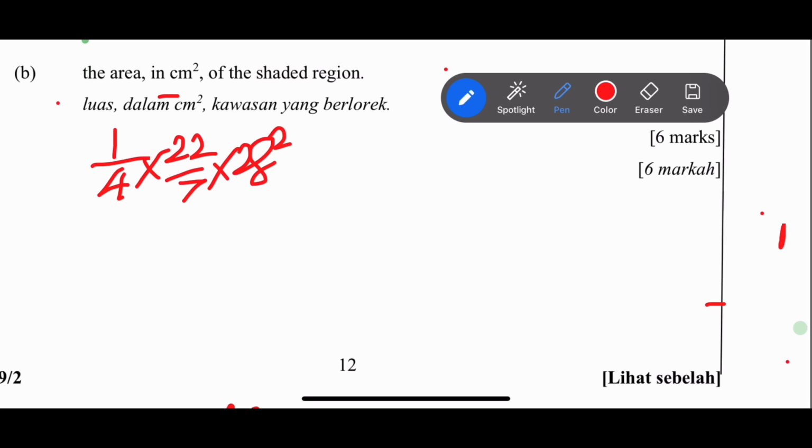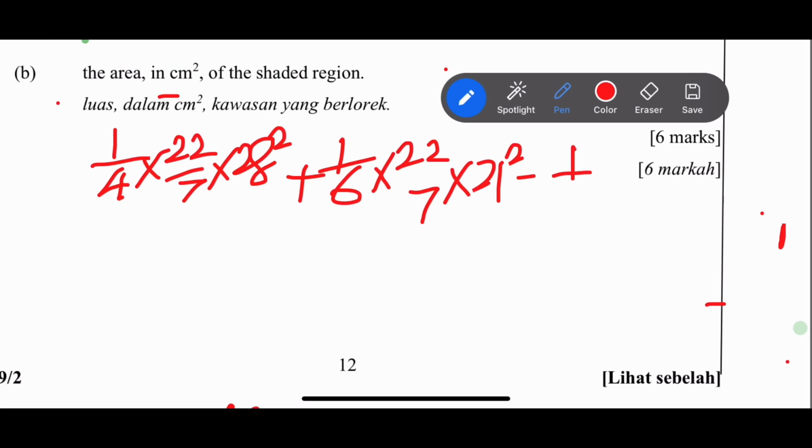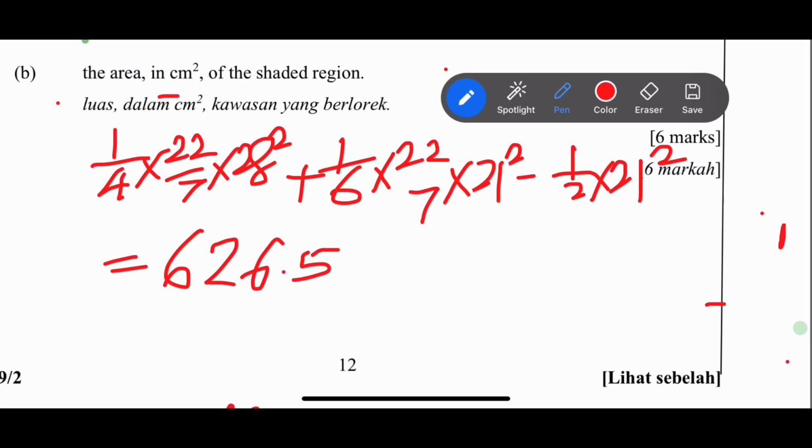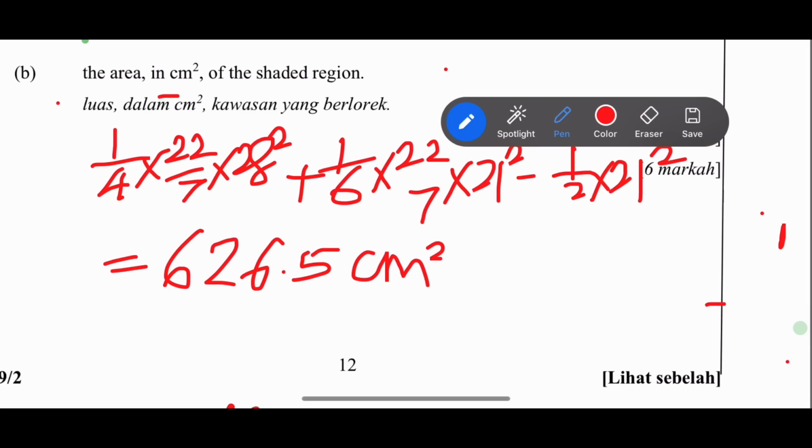In the answer space, you can write 1 over 4 times 22 over 7 times 28 square plus 1 over 6 times 22 over 7 times 21 square and minus 1 over 2 times 21 square. So your answer is 626.5, right? Centimeter square. Remember the unit is important. So this is the area of the shaded region.